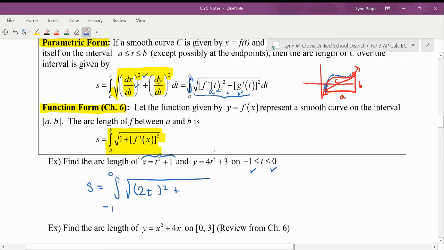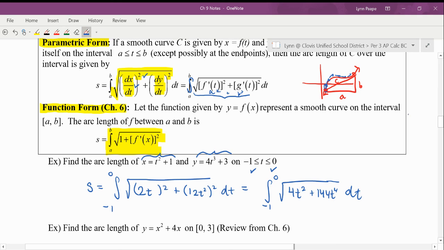So I'm going to take the derivative of this now. That would be 12t squared plus 0, and then squared, and then with respect to t. And then I like to simplify this just a little bit before I type it into my calculator. So that would be 4t squared plus 144t to the 4th, and then with respect to t.